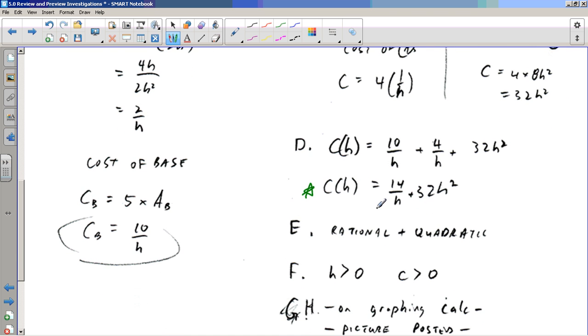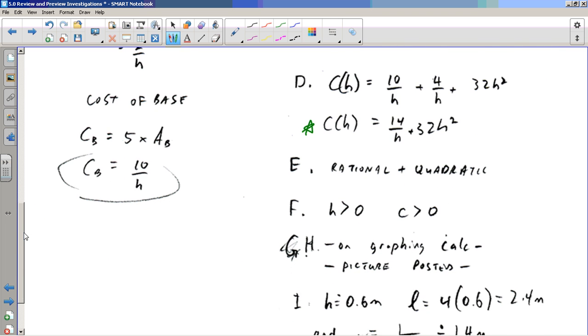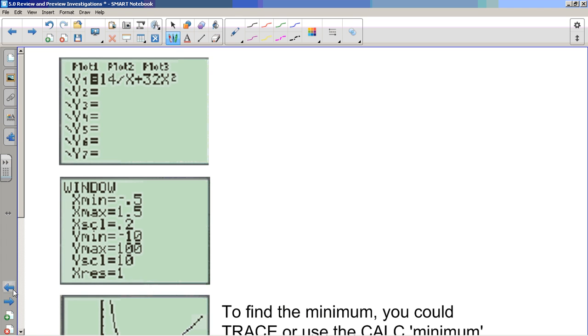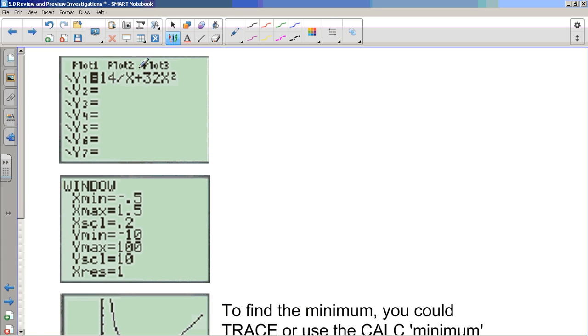This is a model that represents the cost, with some domain restrictions, and then how do we actually solve this to find the minimum cost? Well, we don't know how to solve that. We're going to have to use technology. So this is technology coming into play again. Here are my screenshots for the graphing calculator.